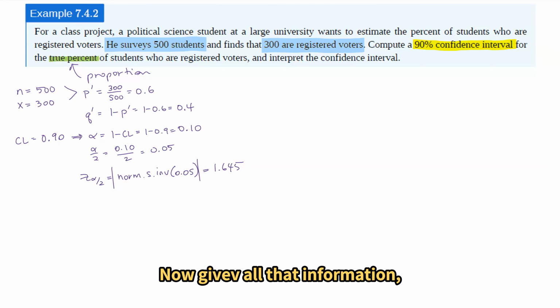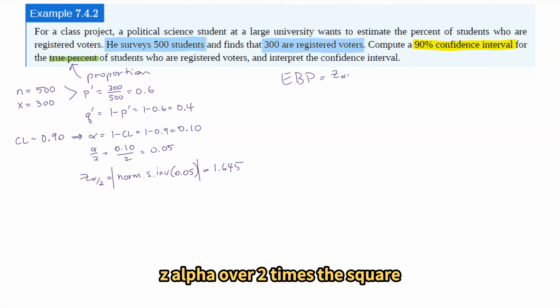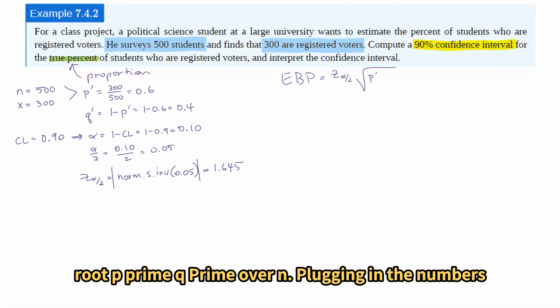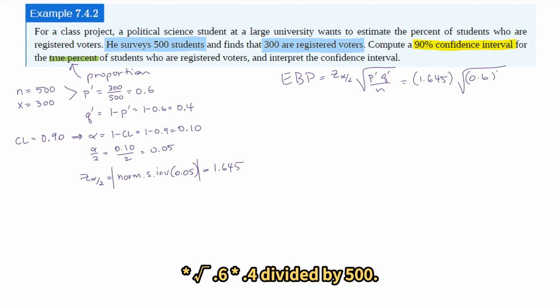Now, given all that information, we can calculate our error bound for the proportion. Z alpha over 2 times the square root of p prime q prime over n. Plugging in the numbers that we have, 1.645 times the square root of 0.6 times 0.4 divided by 500.